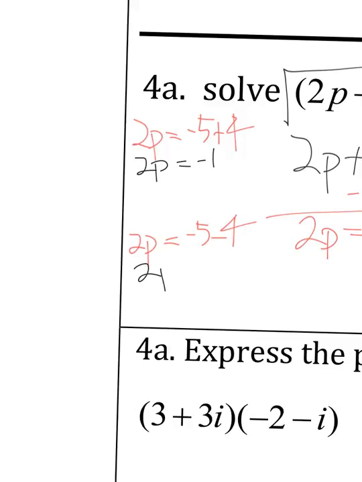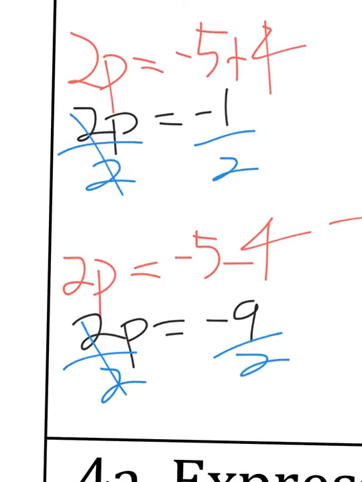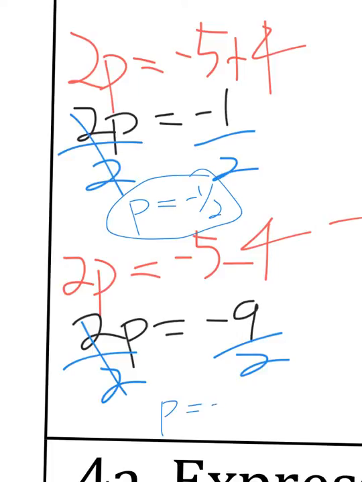This one's going to say 2p equals negative 9, and then I'll divide by 2, and I will get, let's see here, p is negative 1/2. And then this one's p is negative 9 over 2, or negative 4.5.